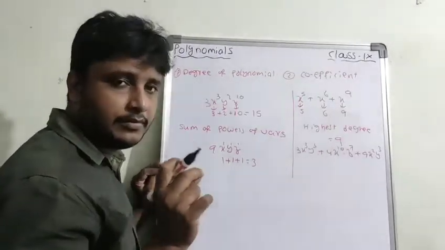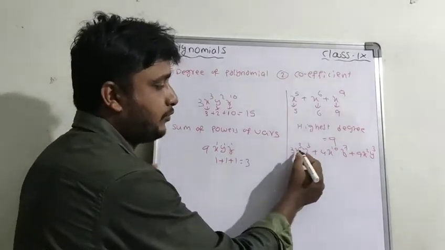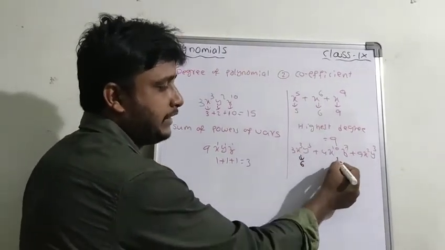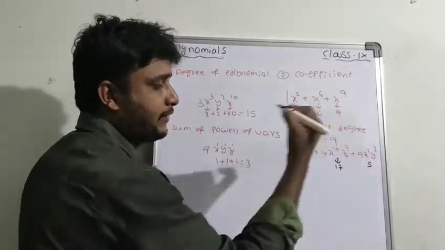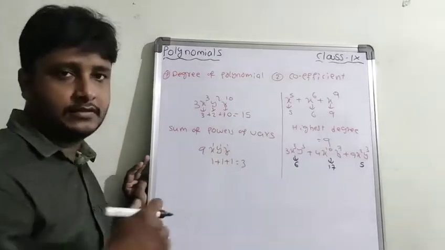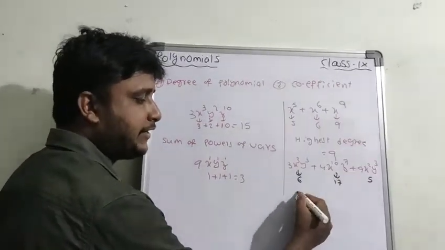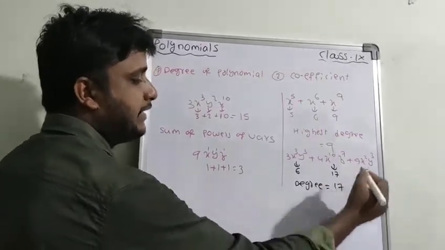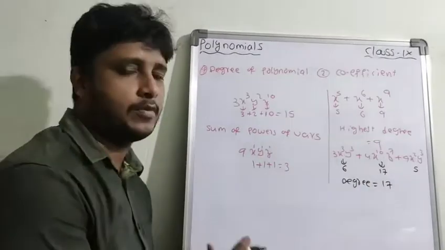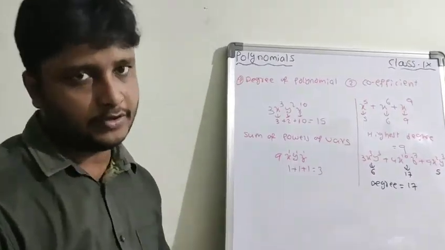You have to find the degree of each and every term. First, 2 plus 3 is 5. Here 10 plus 7 is 17. And here 2 plus 3 is 5. That means I added the powers of the variables. So what is the highest degree? 17. Therefore the degree of the entire polynomial will be 17. This is the way you have to find the degree of any polynomial.